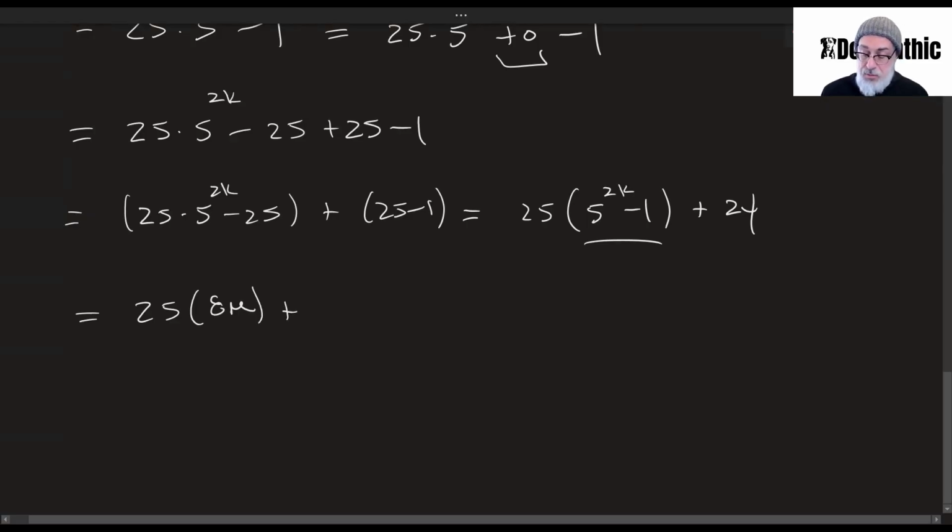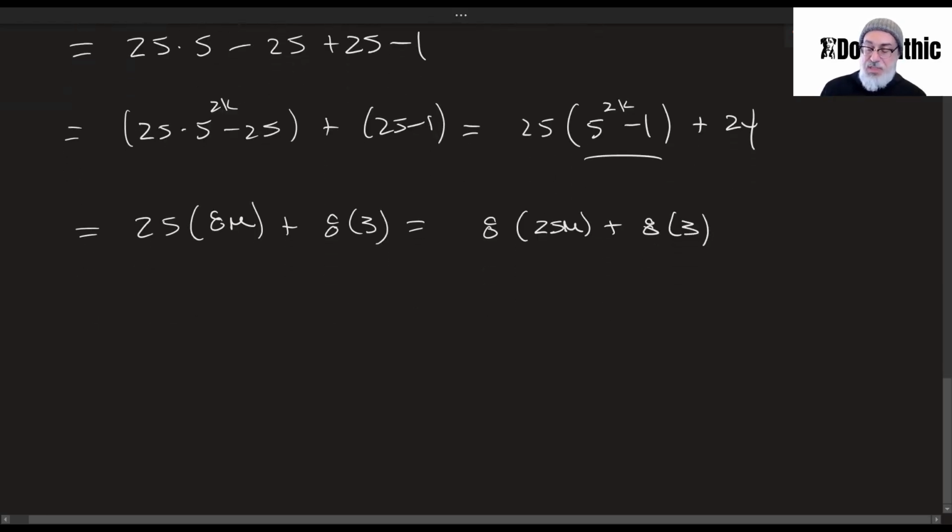Now 24 we can write as 8 times 3. Now I'm going to do a little bit of strategic grouping on the left here, and I'm going to write this as 8 times 25 times m plus, then this is 8 times 3. The step is optional because we've already shown that it's a multiple of 8, but let's be thorough.